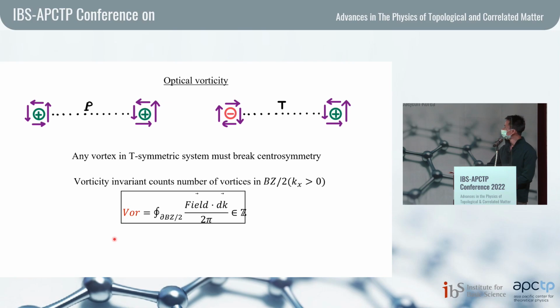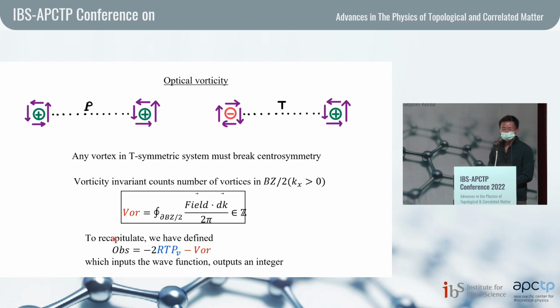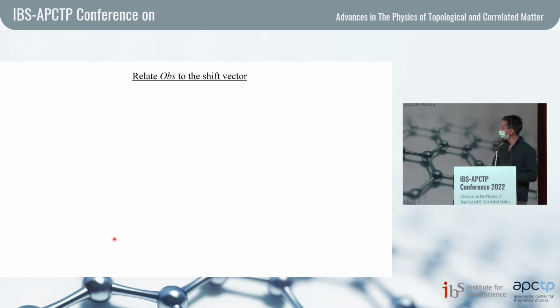Okay, so to recap, we have defined what is RTP, what is VOR. I've given you this definition, so you know that it inputs a wave function and outputs an integer. But the next step is to show that this invariant is actually related to the shift vector.